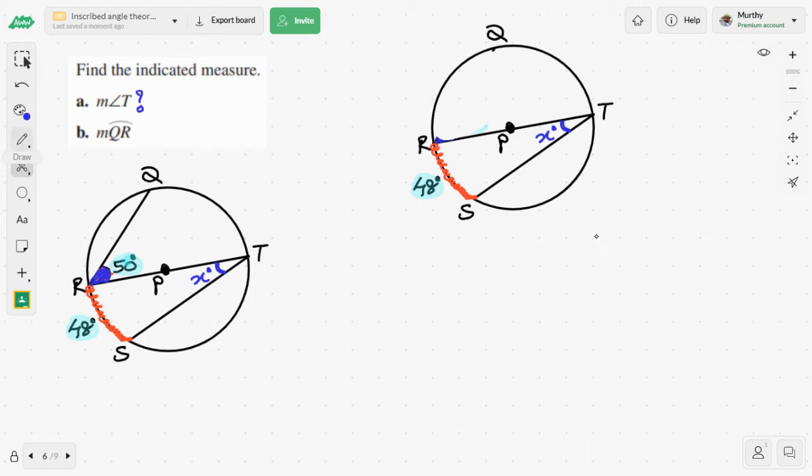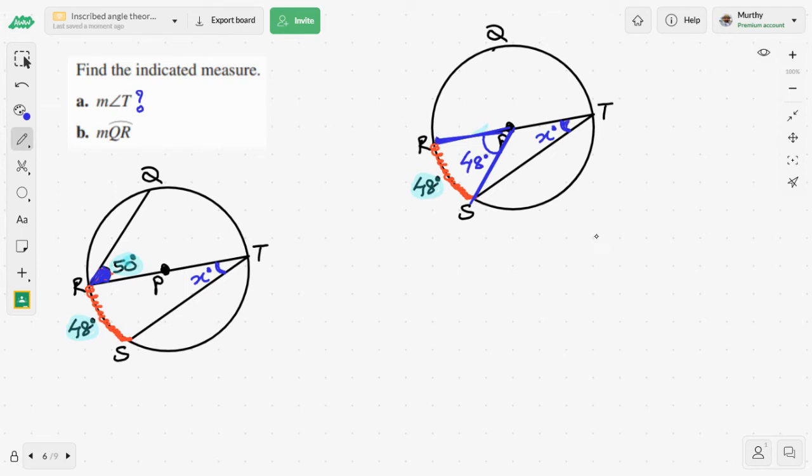Earlier I mentioned that the central angle value and the arc, these two measurements are the same. Do you remember earlier I mentioned this point that the value of intercepted arc and central angle are the same. Therefore, the central angle is to be taken as 48 degrees.